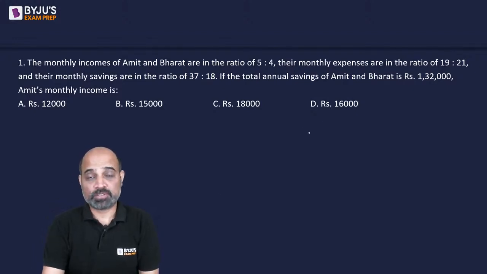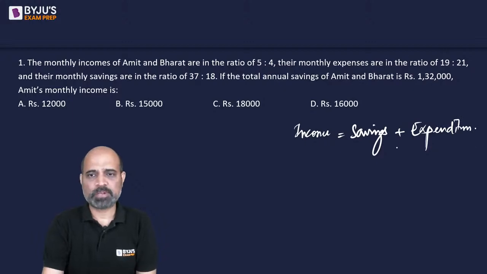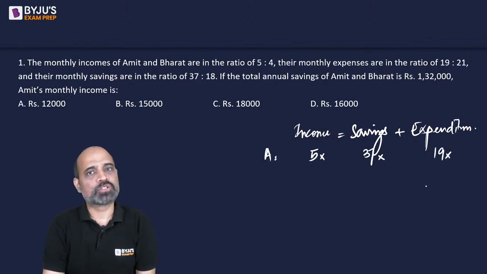I hope you guys know how income, savings, and expenditures are related, right? So, income is equal to savings plus expenditure. यही होता है अपना फॉर्मूला. So if I look at Amit, he earns 5 के टेबल में कुछ, he saves 37 के टेबल में कुछ, and he spends 19 के टेबल में कुछ.